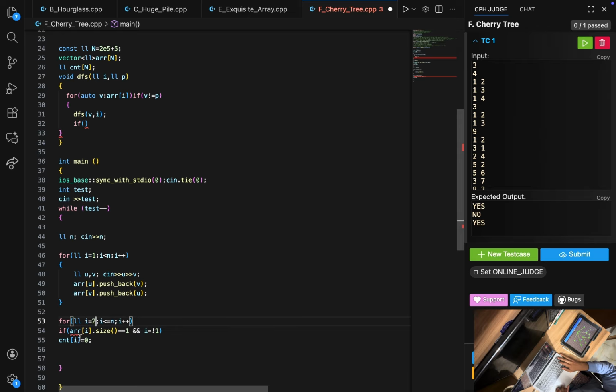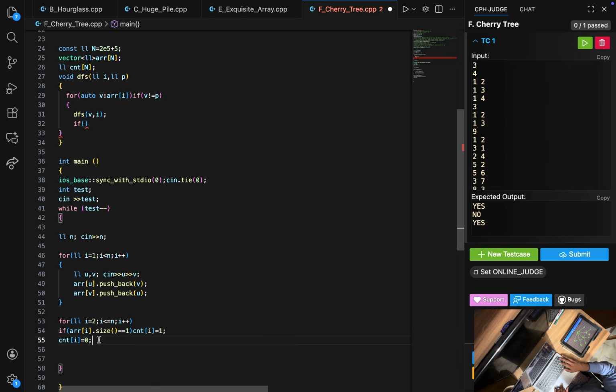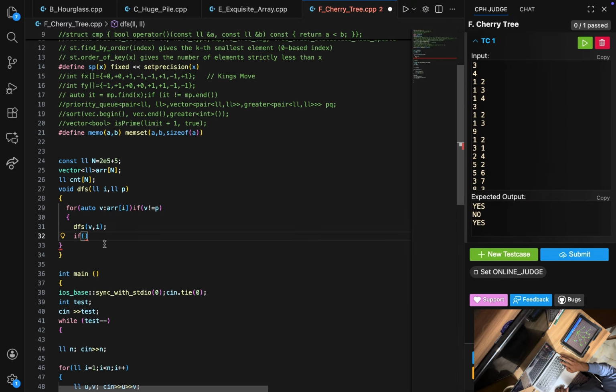Of i dot size, why is the array giving problems? Count i equals 1, else count i equals 0. Okay, that should be good enough.